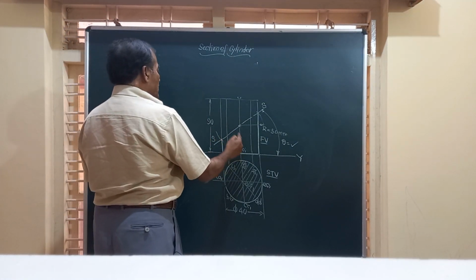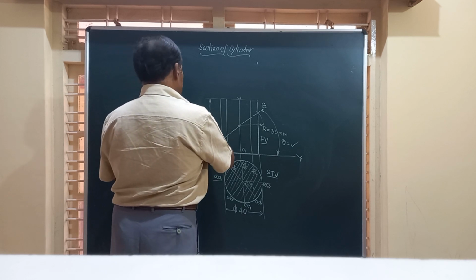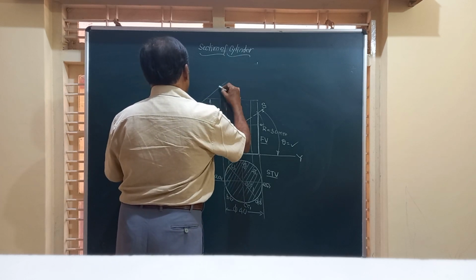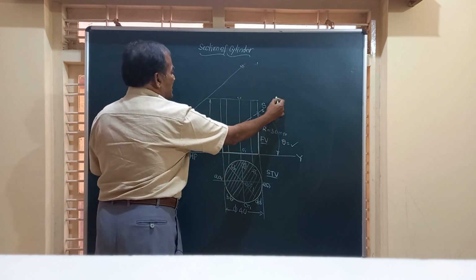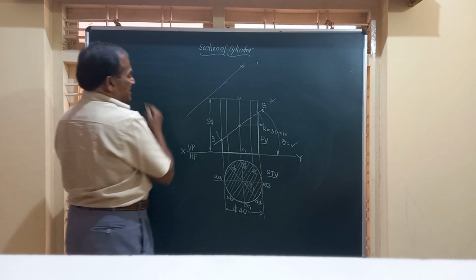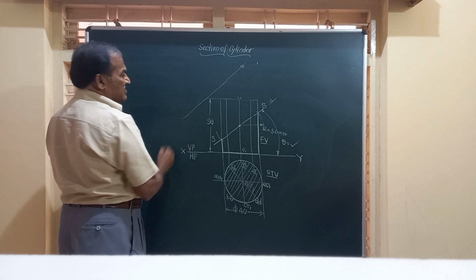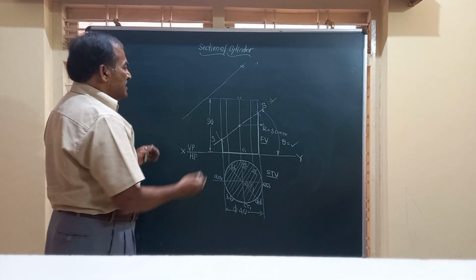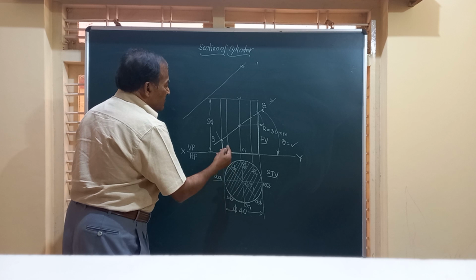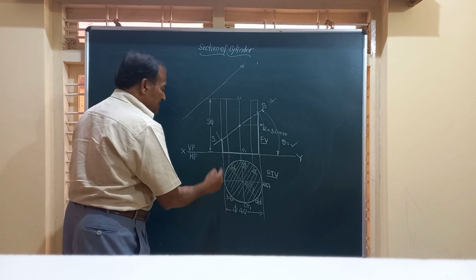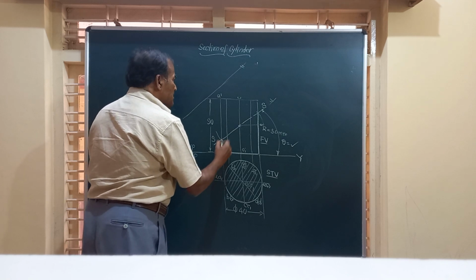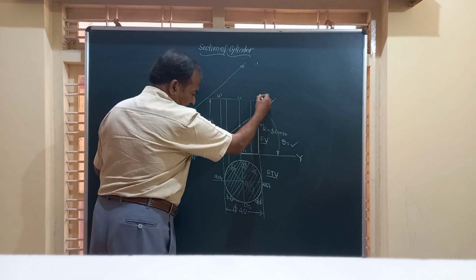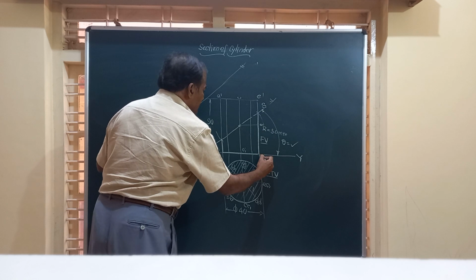Friends, anywhere outside this, I am going to draw a line parallel to the line SS at any convenient distance. And friends, let us see which are all the points where the object is being cut. Here friend, this is A dash, A1 dash. Last one is E dash, E1 dash.